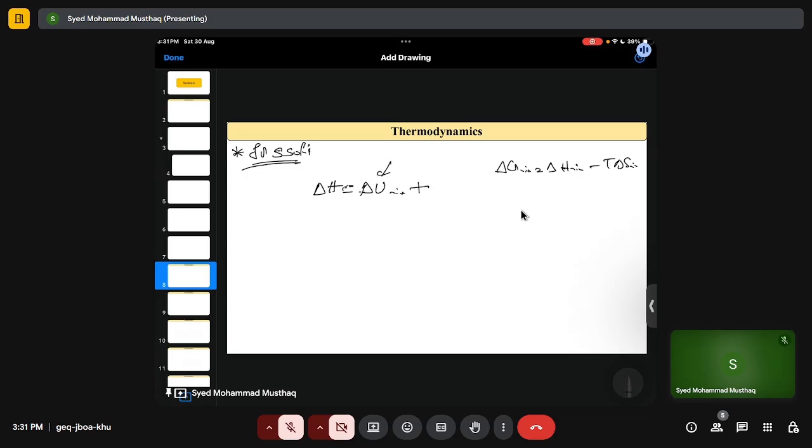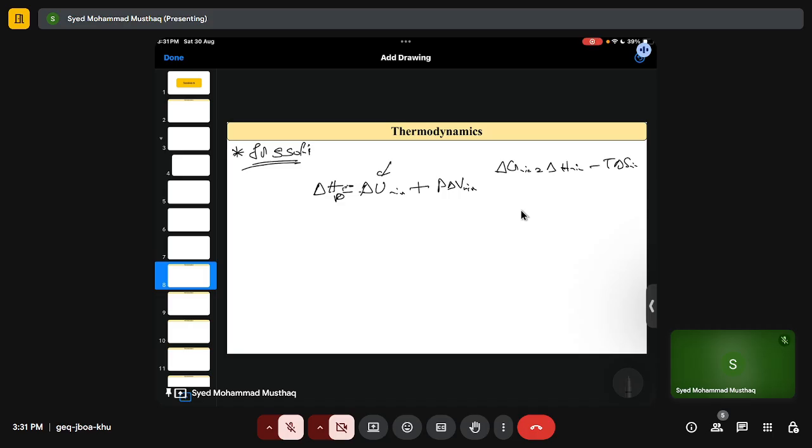the change in bond energy or the release in energy, either due to bond breaking or bond forming, plus P delta V. At constant pressure, okay, we only consider that. Everything in metallurgy we do at constant pressure, I mean for the most part.